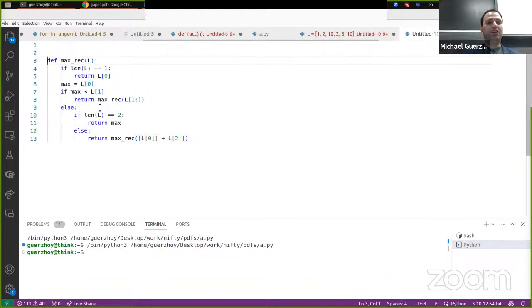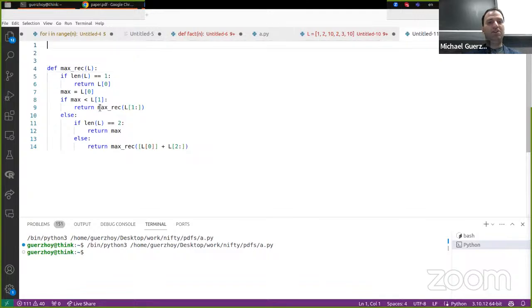So L would be kind of like that: 5, 2, and then whatever, 3, 10, 5, 1, 6. And then the else here is in a situation where 5 is greater than 2.